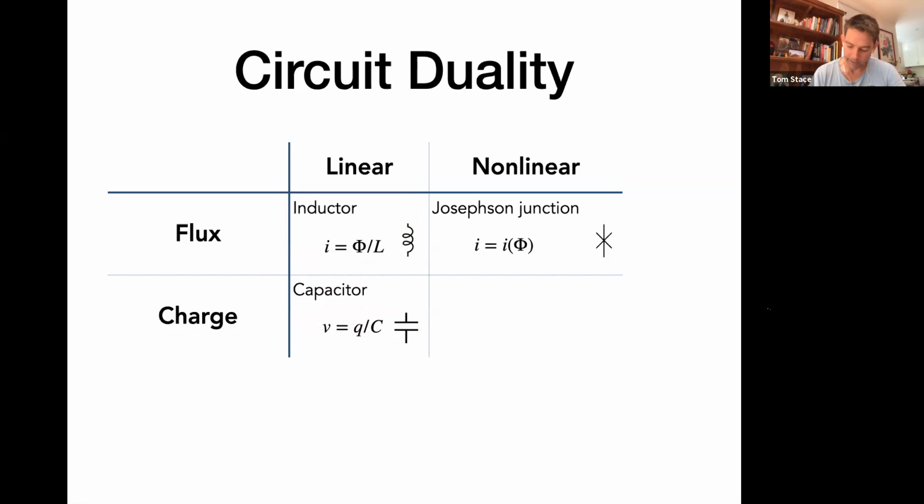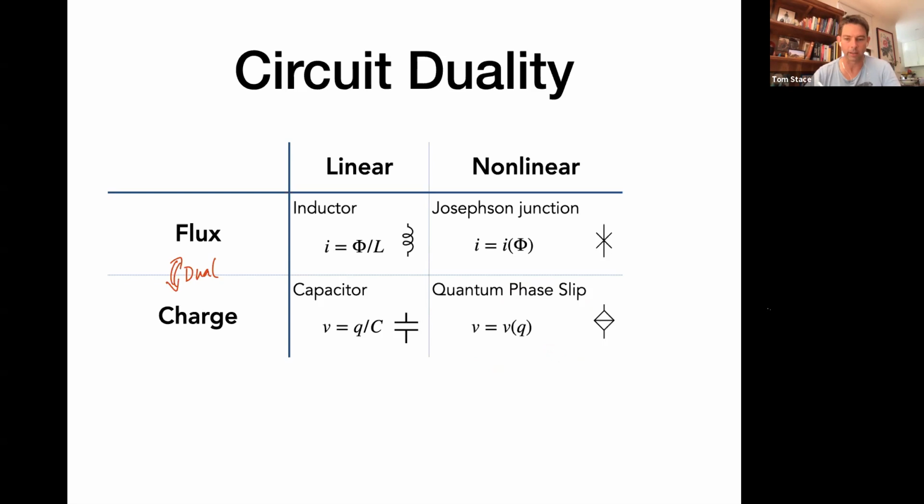There are also nonlinear examples of at least an inductor that are reasonably familiar, which is what I've just talked about, the Josephson junction. So the Josephson junction is a thing whose current is determined by the flux, but it's no longer a linear function of the flux. In fact, it's a sinusoidal function of the flux. And I've left this blank space here tellingly, because one might imagine that the duality between flux and charge should imply that there is a physical object that can be put into this quadrant.